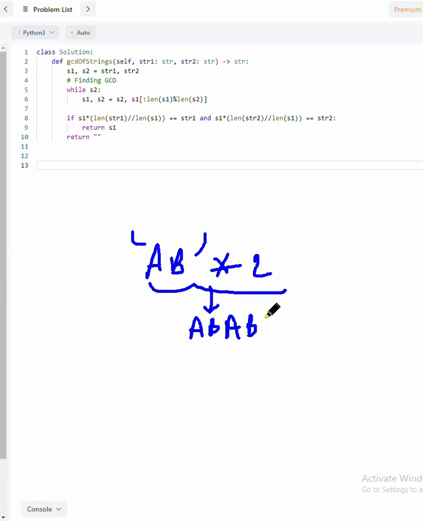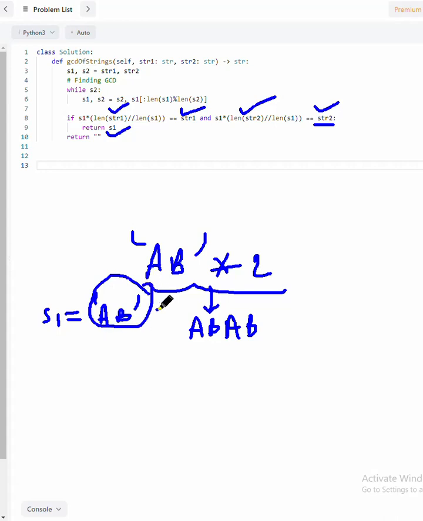Now it is equal to string 2? Yes, since I have checked example 2 on this code. This is equal to this for example 2 and this equal to this. So we will return S1, and S1 was AB. So this is the GCD of string 1 and string 2 in example 2. But for other examples, if this condition fails, then we'll return an empty string.